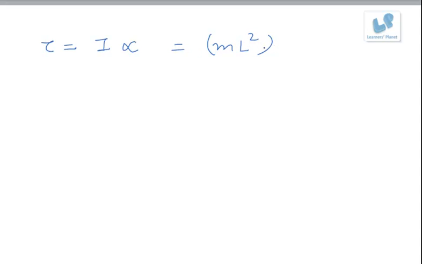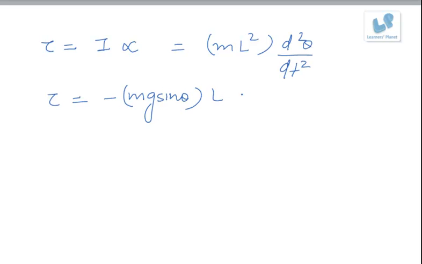This torque, which is restoring in nature, is due to the moment of force of mg sin theta, with length L, and also the viscous drag, which is acting in the opposite direction, which is mbv.